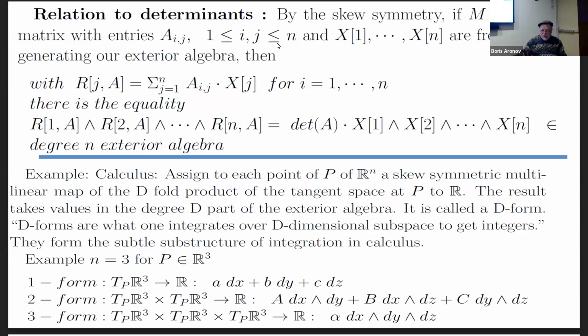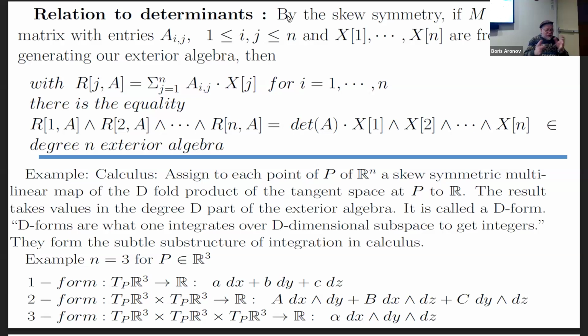Make sense? Okay. All right, and this is useful in calculus because it provides a nice way of dealing with integration on manifolds or in multidimensional situations in general. If you assign to each point P of a space a skew-symmetric multilinear map on the d-fold product of the tangent space to the reals, you get something called a d-form, and d-forms are a good way of keeping track of what you're integrating over d-dimensional subspaces.